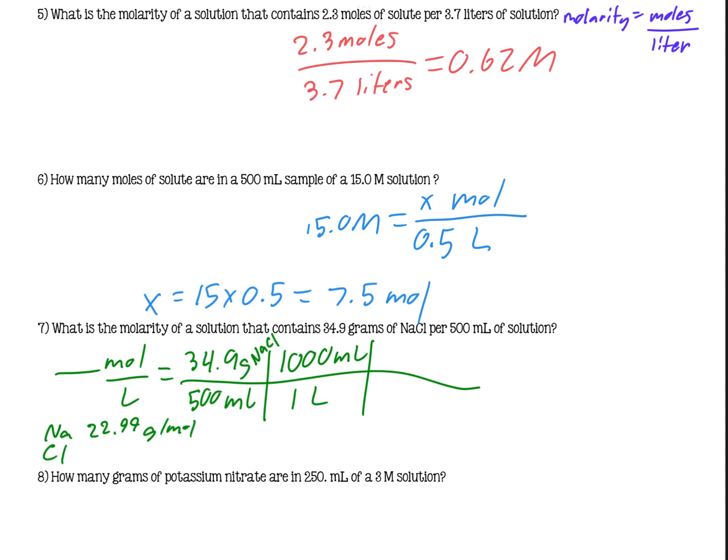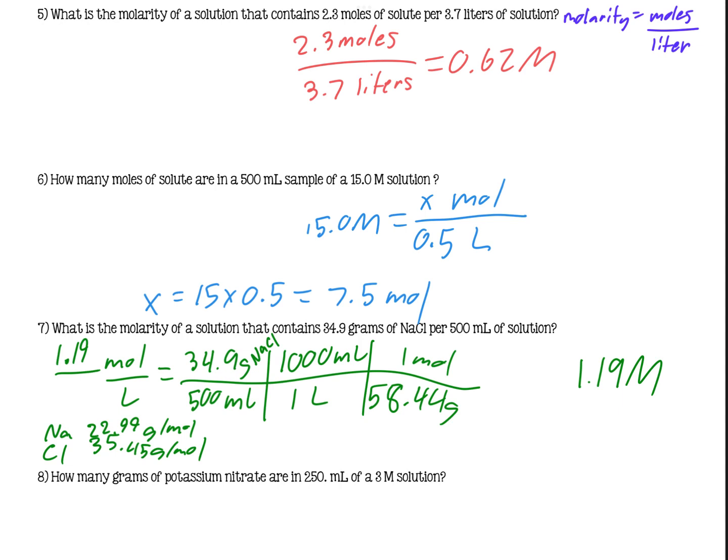Chlorine has a molar mass of 35.45 grams per mole, which means the total molar mass of NaCl is going to be 58.44 grams per mole. Looking at our dimensional analysis chart, we now have 34.9 times 1,000 divided by 500 divided by 58.44, or 1.19 moles per liter. So this is a 1.19 molar solution.